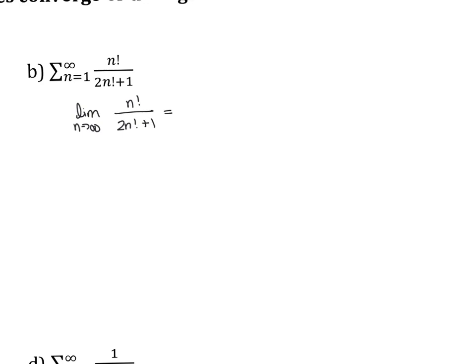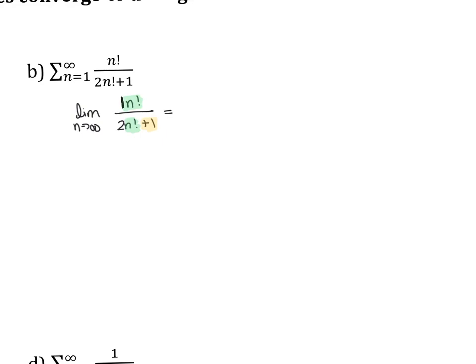You know that these n factorials right here are going to dominate both the numerator and the denominator, and that this plus 1 right here becomes pretty insignificant as n goes to infinity. So it's kind of like a horizontal asymptote in a way. We know that there's a 1 here in front of this n factorial.